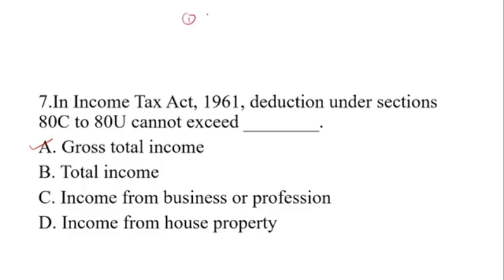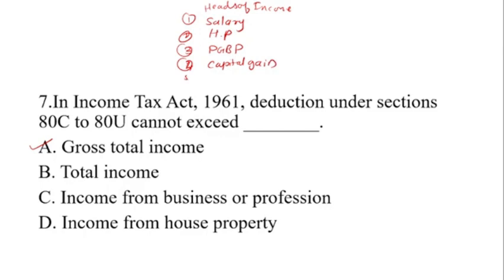we will add all the heads of income: income from salary, income from house property, third, PGBP, that is profit and gains from business and profession, fourth, income from capital gains, and the fifth, income from other sources.